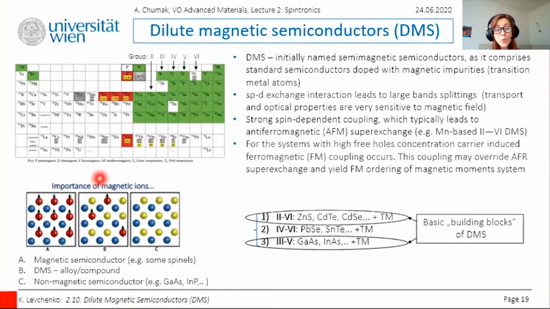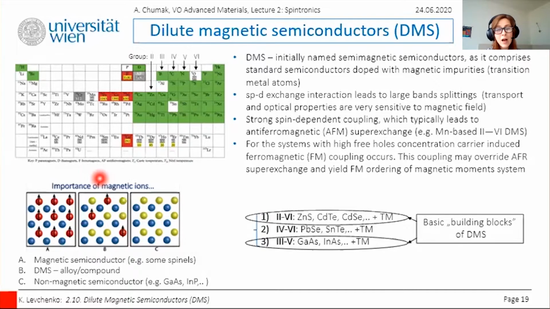All the transport and optical properties of these materials are very sensitive to magnetic field because of the sp-d exchange interaction that leads to large band splitting. sp-d is just the hybridization of host sp states and the d orbital states from the transition metal ion.